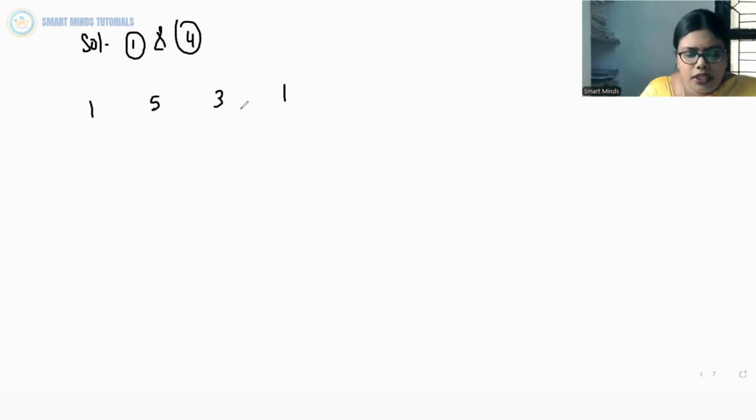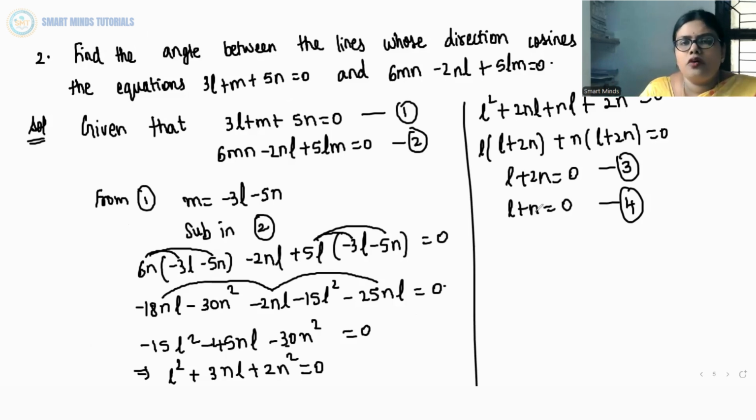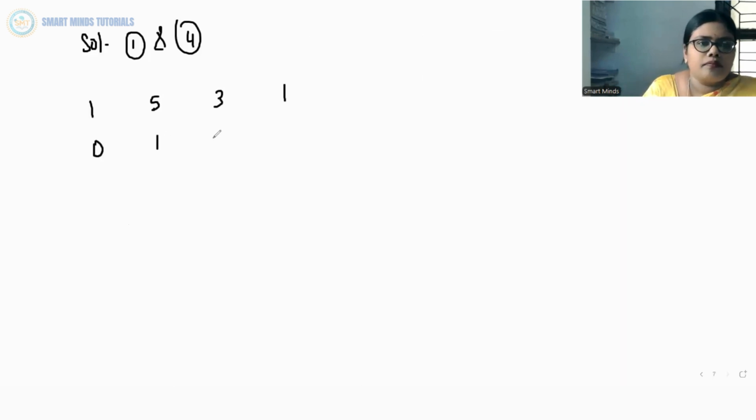Now the same way we need to solve 1 and 4. What are the coefficients from the first equation? From the first equation you get 1, 5, 3, 1. Now the fourth equation is L plus N is 0. So 0, 1, 1, 0, because M is not there. 0, 1, 1, 0. Now cross multiply.